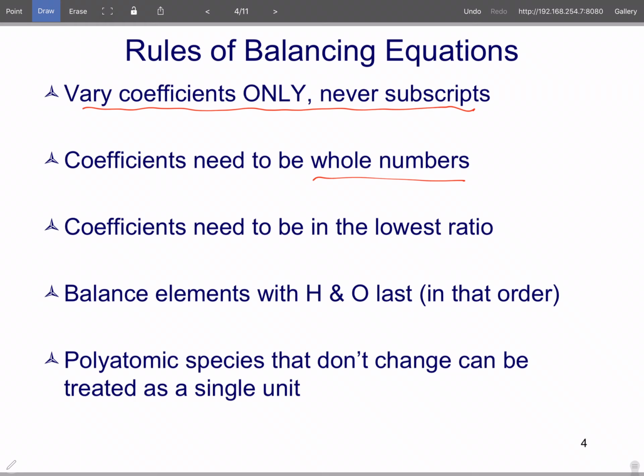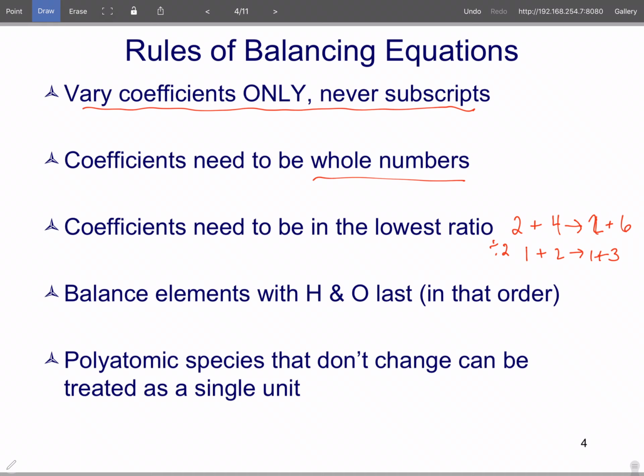I will show you how to balance one that's easier to balance as a fraction initially, and then you just get rid of it. But most of them don't do that. Just every now and then one does. Coefficients need to be in the lowest ratio possible. So if you had 2 plus 4 is 2 plus 6, then that's not the lowest ratio. You would need to divide everything by 2, so you get 1 plus 2 is 1 plus 3. Okay, that's what we're talking about there.